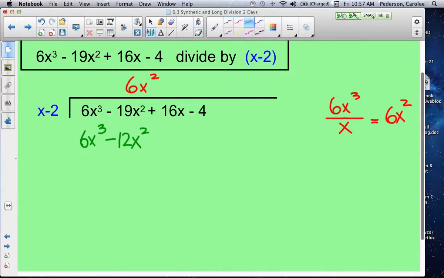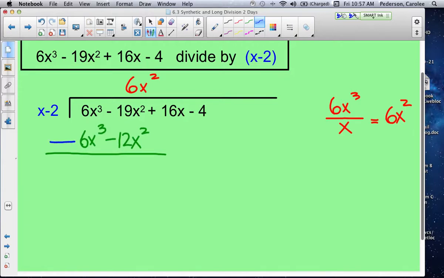Now I throw a line underneath it, and this is where you have to be very careful. The most common mistake in long division is this. We have to subtract this polynomial, 6x cubed minus 12x squared. So when I subtract it, I'm subtracting the whole polynomial. So I have to essentially change the signs.